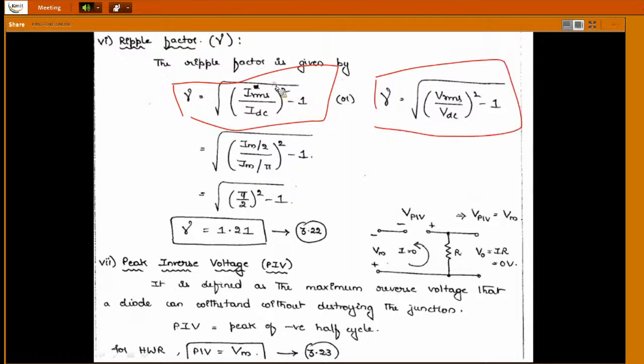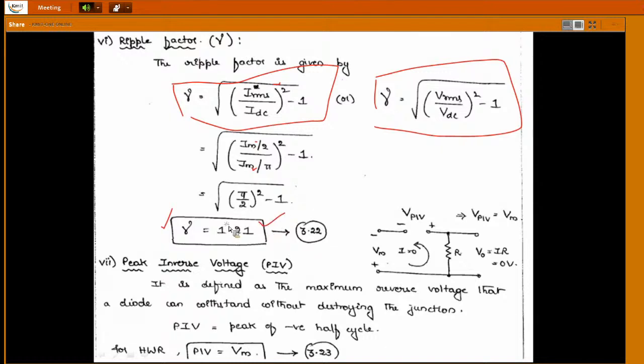What is the IRMS value? Im by 2. What is the IDC value? Im by pi. The ripple factor is the square root of (Im/2 divided by Im/pi) whole square minus 1. If you rearrange this, you get the square root of (pi by 2) whole square minus 1, where Im cancels. If you solve this, you get the ripple factor gamma equal to 1.21.